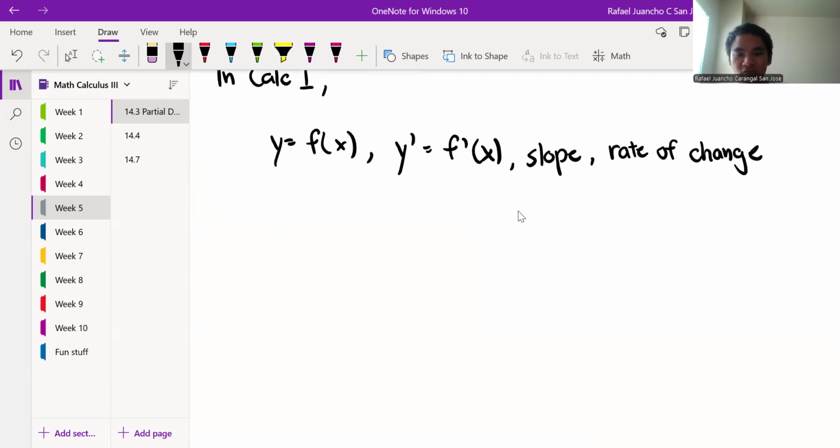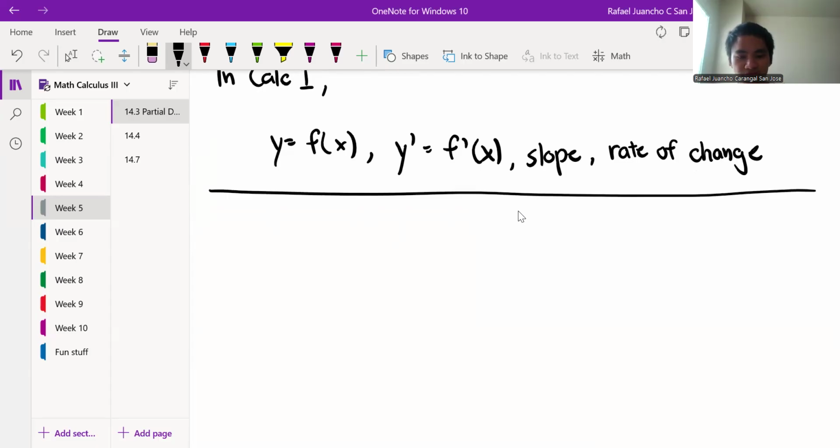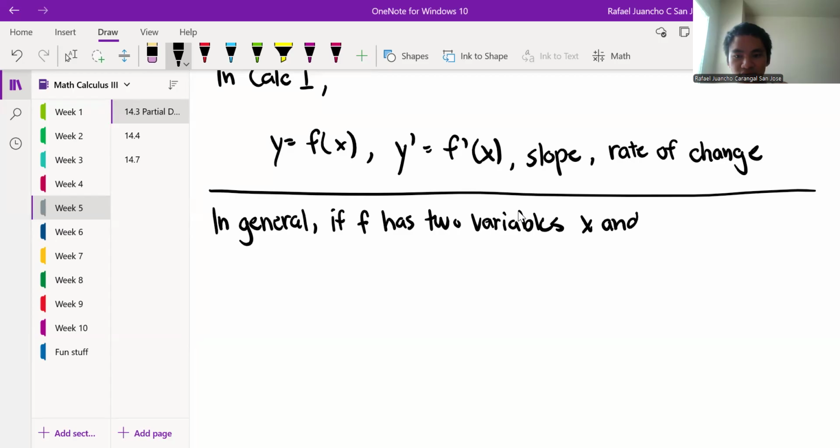But let's say, what if we were to take a derivative of a function with two variables, right? So how do we do that? Well, in general, let's say f has two variables, and we'll just say that's x and y.